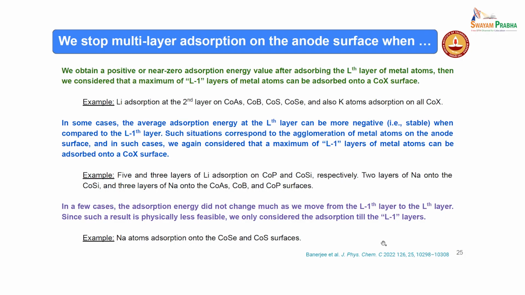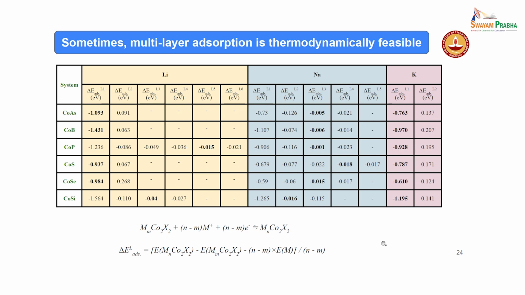Third case, the adsorption energy did not change much as we move from the L-1th layer to the Lth layer. If it is not changing, that is also not something that is expected. So we will not consider it. For the earlier case, 5 and 3 layers of lithium adsorption on cobalt phosphide, here it was 0.015, but it started to increase once you go from 5 layers to 6 layers. So that's why we stopped at the 5th layer itself. Similarly for other cases, here you see 0.04 to 0.027.